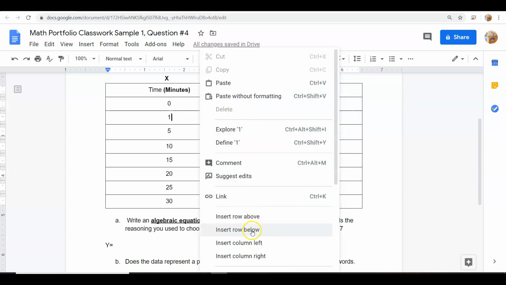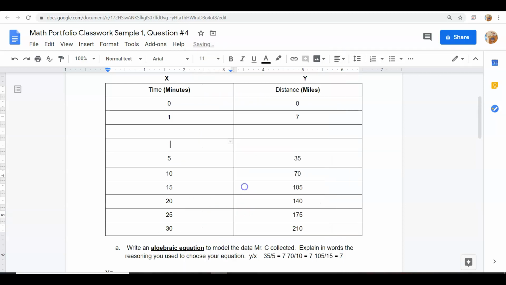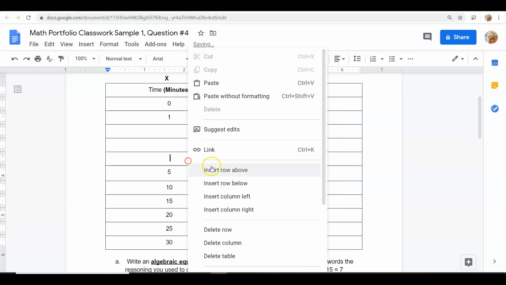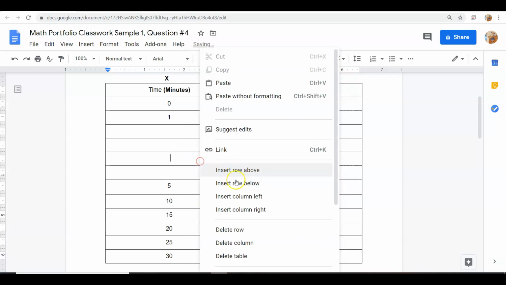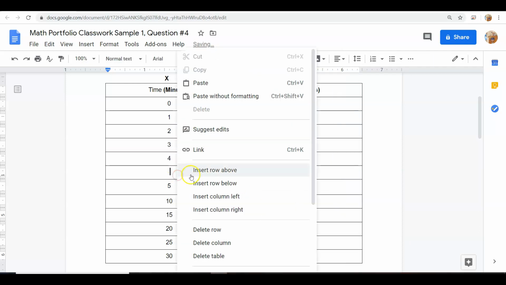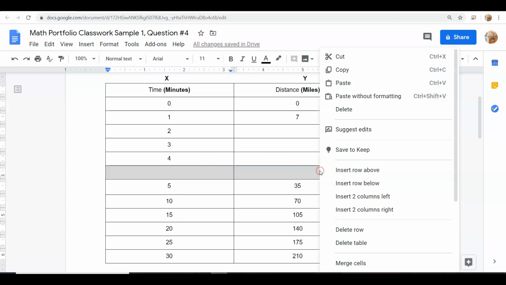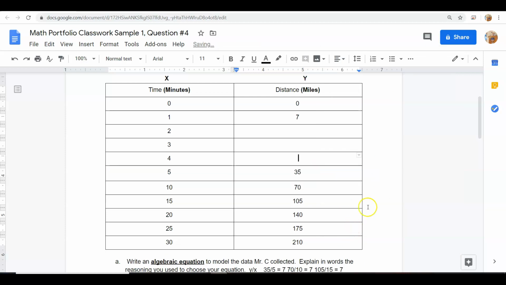And if you want to visually see it, let's see if it works out up to 5. Insert another row. One more. 1, 2, 3, 4. Okay. We don't need these. Delete row.